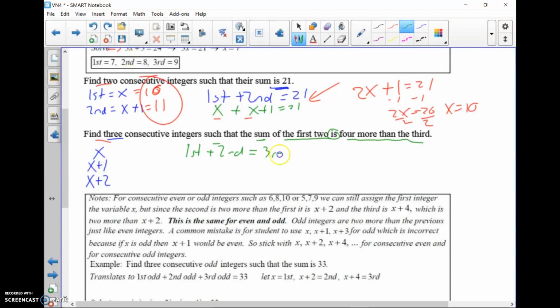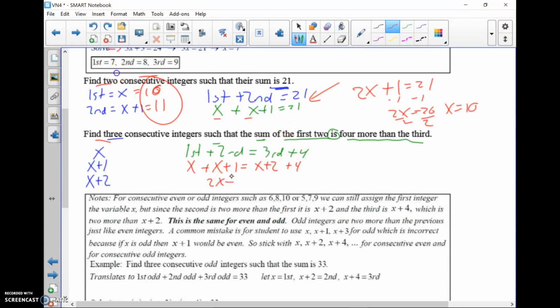So that's your third plus 4. And then you should read this again, but look at this. Such that the sum of the first 2, the first and the second added together, is 4 more than the third. Okay, so that looks right. And now I can replace first, second, and third with these values. First is x, second is x plus 1, third is x plus 2, and plus 4.